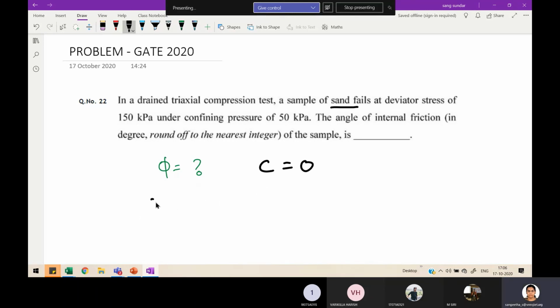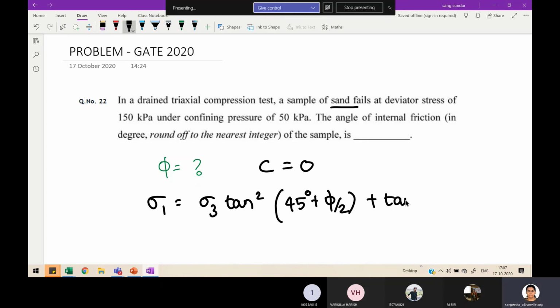Sigma 1 is equal to sigma 3 tan square 45 degree plus phi by 2 plus 2c tan 45 degree plus phi by 2. Right? So this is the equation, and they told it's a sand, so C is equal to 0.